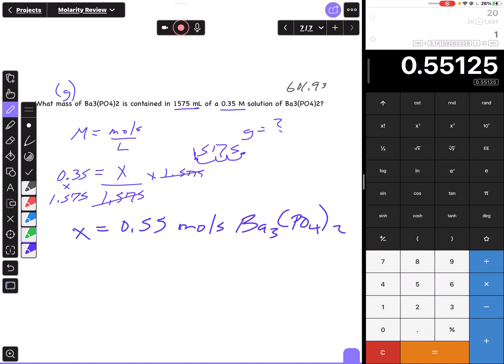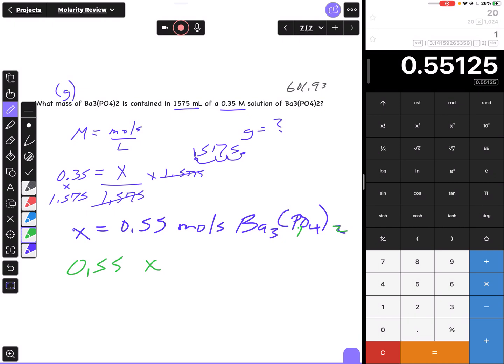Now I want my answer in grams, and remember to go from moles to grams, I simply multiply by the molar mass of the substance. So I'll take 0.55, I'm going to multiply by the molar mass of Ba3(PO4)2. When you add that up, remember you have 3 bariums, you have 1 phosphorus on the inside, multiplied by 2, so that would be 2 phosphorus. And then oxygen, you got 4 on the inside, you got 2 on the outside, that would be 8 oxygens.